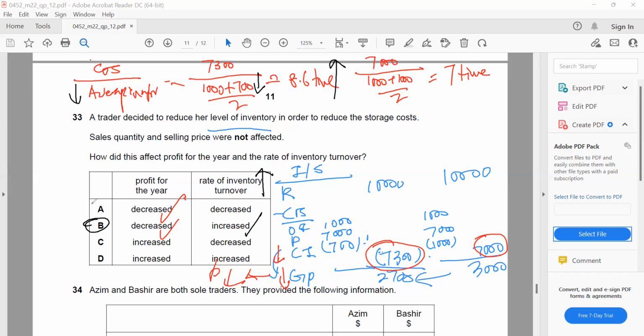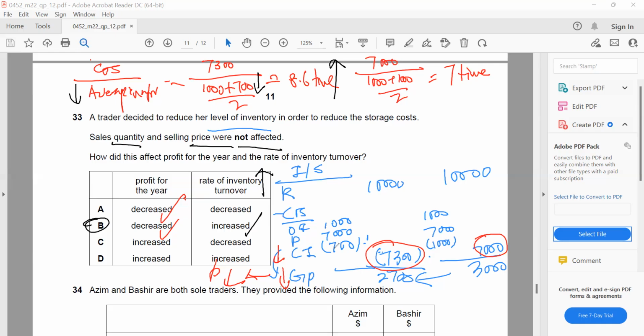Okay, the answer is not like that. Let me see, where is my mistake? The answer given is not this. Selling quantity, selling price not affected. Level of inventory reduces.